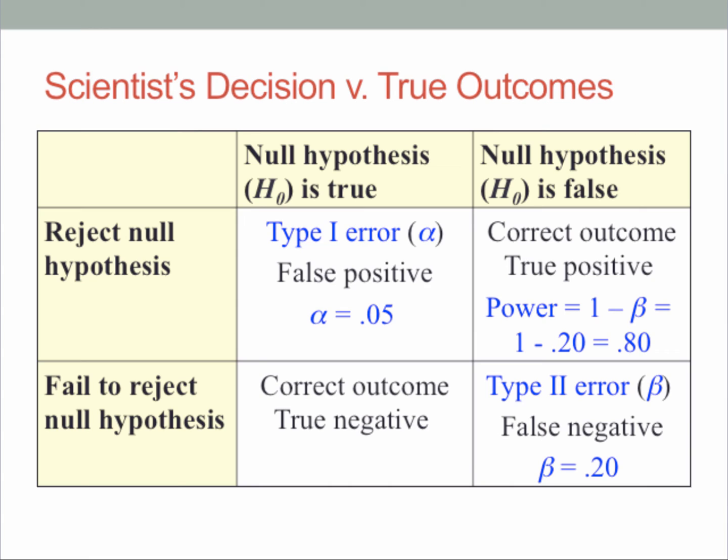This is known as our beta. So hopefully the idea of alpha, which you've learned about and applied in statistics before, is now being a little bit more reinforced here when we talk about alpha and beta and power.